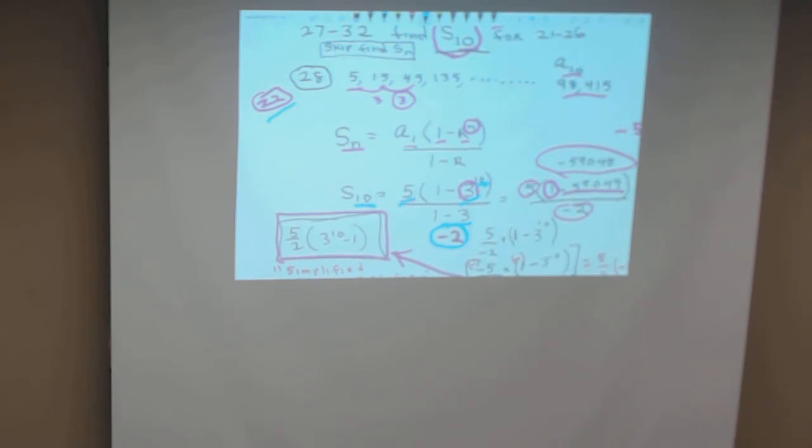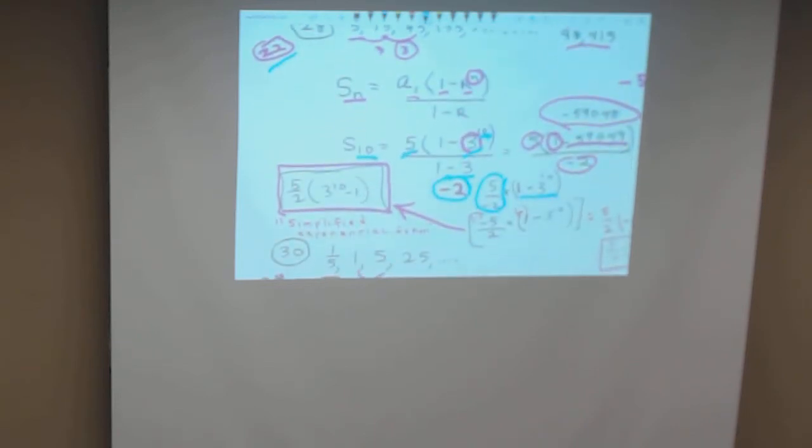So I have 5 over negative 2 times 1 minus 3 to the 10th. So I'm done. Here's my answer. Negative 5 halves times 1 minus 3 to the 10th, because they say show your answers in exponential form. And I'm done with it.